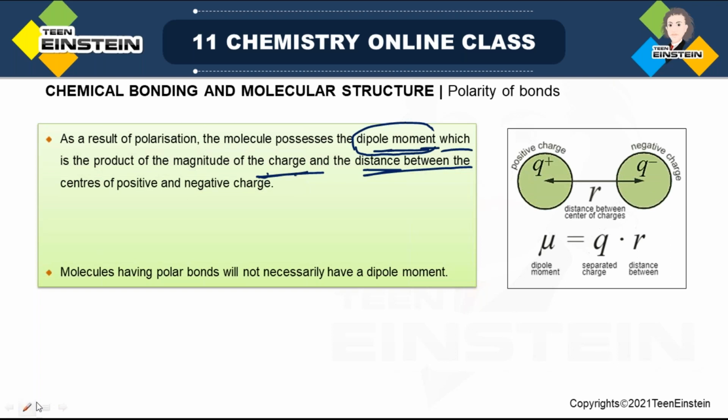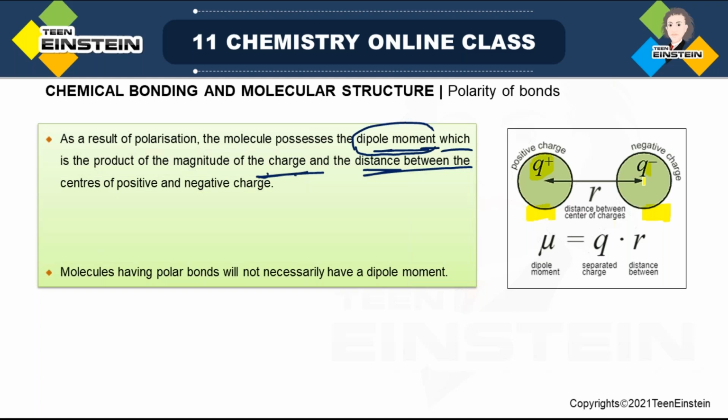So here we have taken this picture. See here, suppose this is the first atom, this is the second atom. In the first atom there is generation of positive charge. Which atom is not mentioned, you can consider any, just take the example of H and Cl. So positive charge is generated, which is denoted by Q plus, and negative charge is generated, Q minus, though remember it is not a fully developed charge.